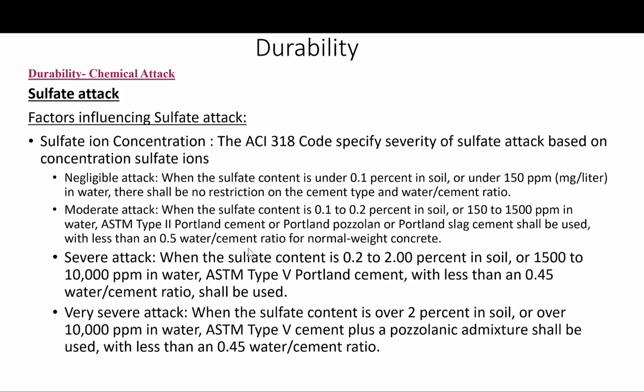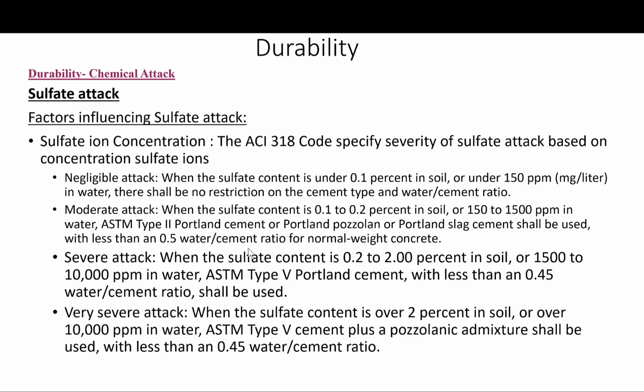I will just have a few words to say here. I may have mentioned in a previous lecture that the ACI 318 code specifies the severity of sulfate attack based on the concentration of the sulfate ions. Okay, so it classified them into, I think, four categories.